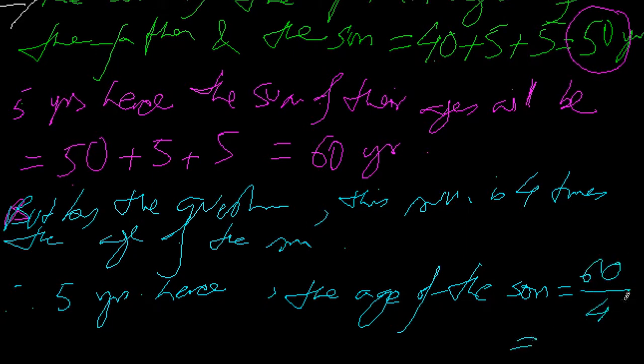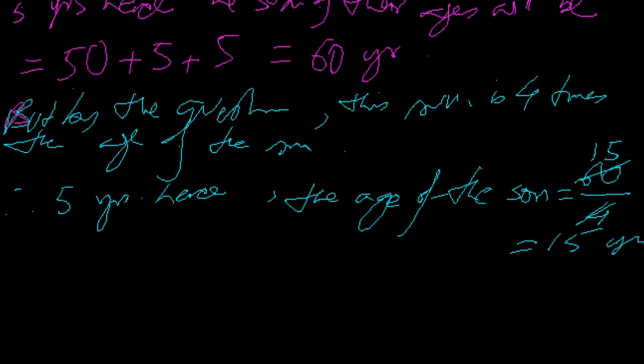How much does it come? 6 ones are 6. I have 6 minus 4, 2. Beside is 0. So 4 5s are 20. Okay. So 5 years hence, the age of the son is 15 years.